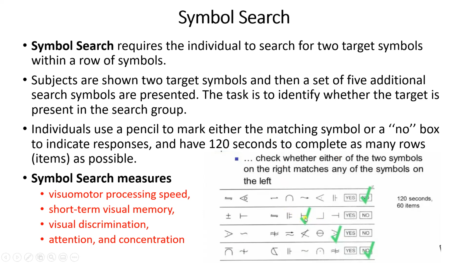So visual discrimination is also involved, and definitely the ability to pay attention and concentrate is involved in this. So these cognitive functions or abilities are largely measured by symbol search.